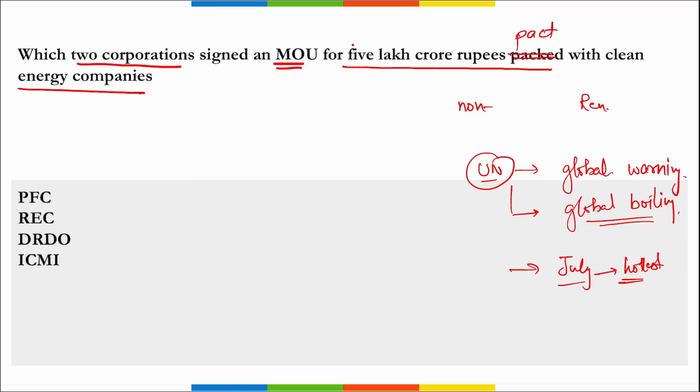So which two corporations signed this MOU for 5 lakh crore rupees with clean energy companies to bring a change? And this MOU was signed during a Green Finance Summit. Where was this Green Finance Summit held?